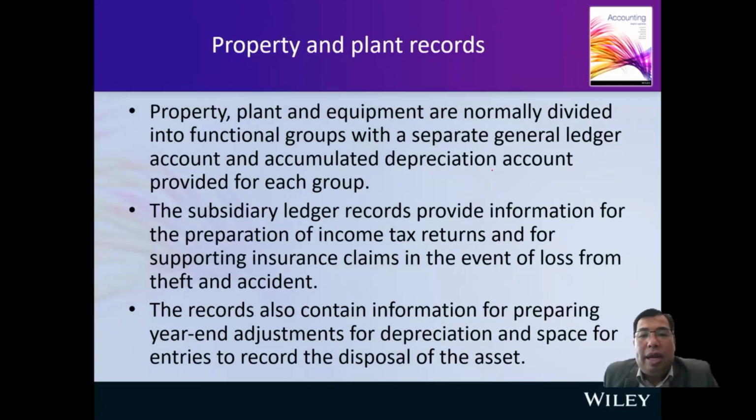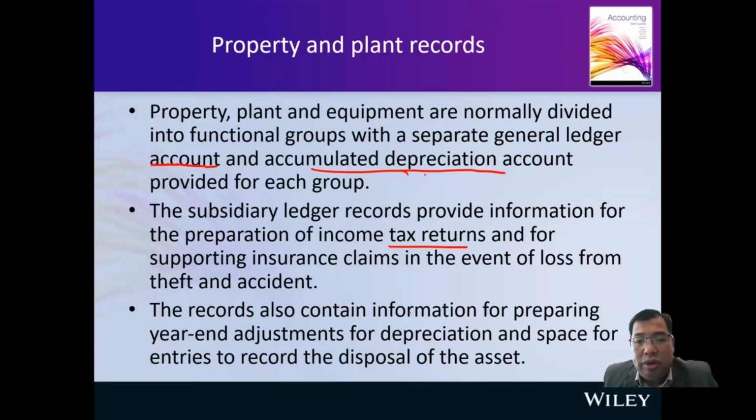So the property, plant, and equipment are normally divided into functional groups with a separate general ledger account and accumulated depreciation. We have an account for the assets and an account for accumulated depreciation. The subsidiary ledger record provides information for the preparation of income tax returns or to support any insurance claim in the event of loss from theft or accidents.